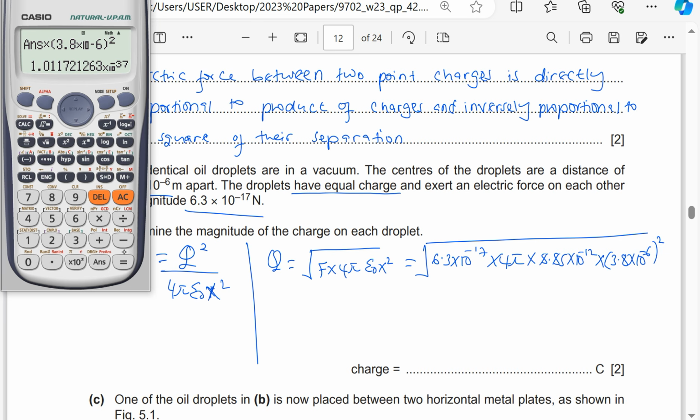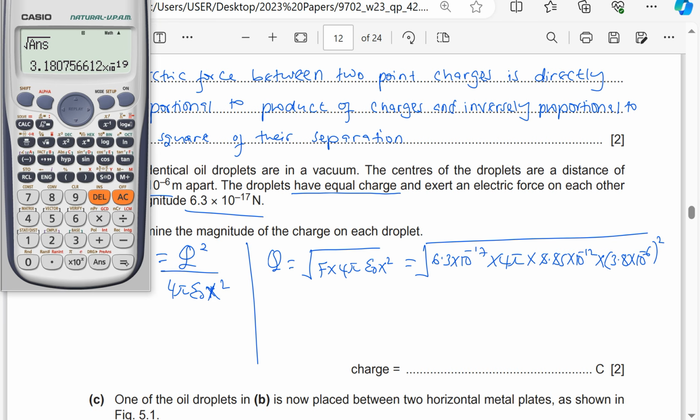Let me check it again. Let me just check the square root first. Square root of the answer, 3.18.